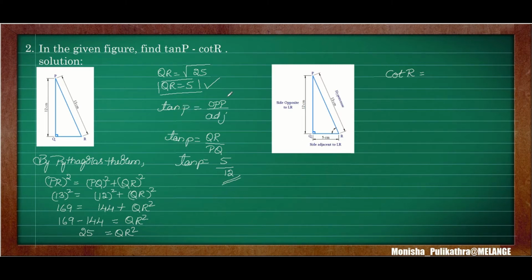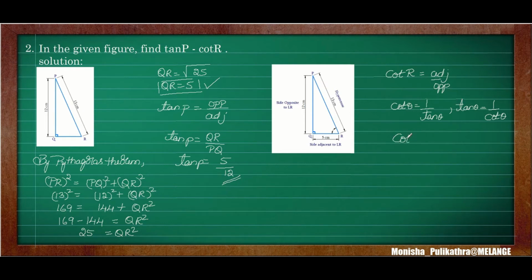If tan is opposite by adjacent, then the reciprocal will become adjacent by opposite. Okay. So cot is the reciprocal of tan. We know that cot theta is equal to 1 by tan theta, or tan theta is equal to 1 by cot theta. So if tan P is opposite by adjacent, then cot R will become adjacent by opposite, right?